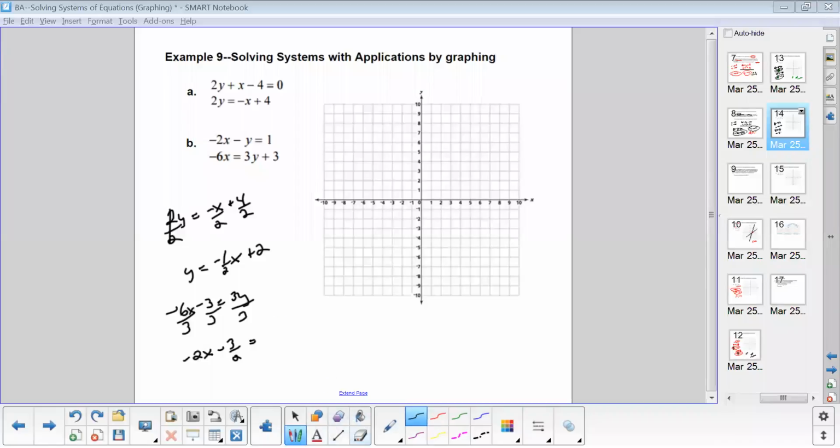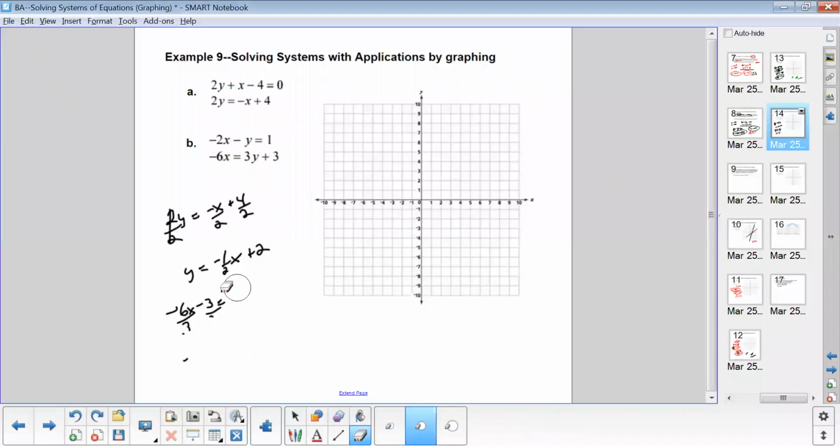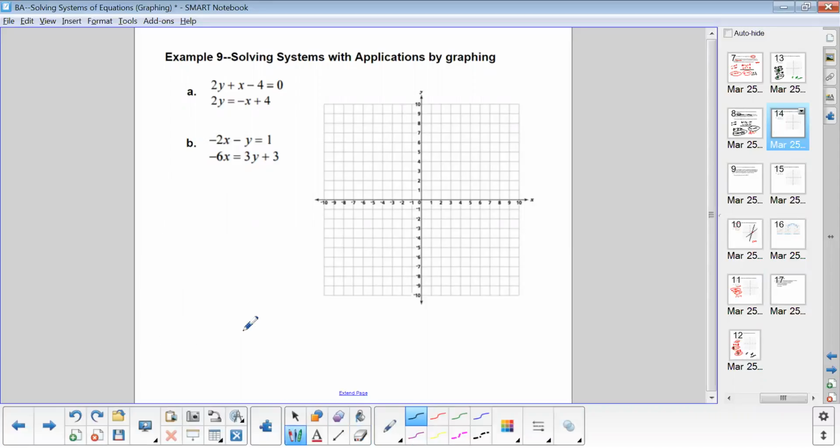And I noticed just with my work here, I got sloppy. So I'm going to start over because there's a mistake because I got sloppy. I'm going to start over with this for part A, 2y. I'm going to subtract the x and add the 4 and then divide by 2.